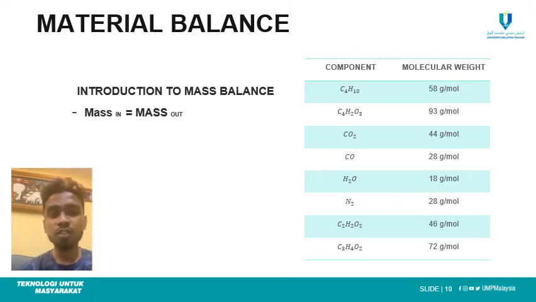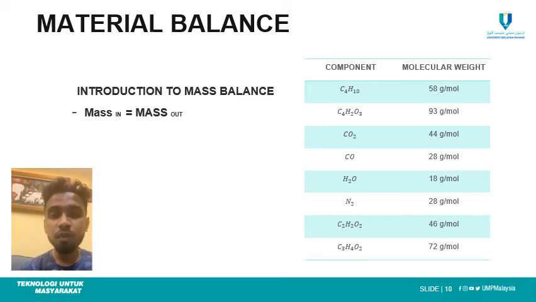The law of conservation of mass is applied to analyze the physical stream. What is the law of conservation of mass? The law of conservation of mass states that the mass of a closed system will remain constant regardless of processes involving in a certain system. This statement defines that mass in is equal to mass out.